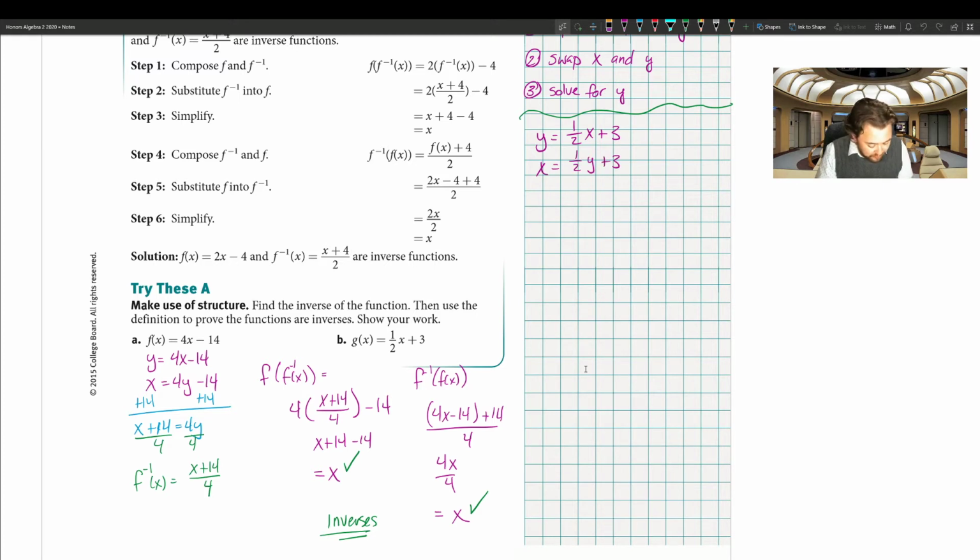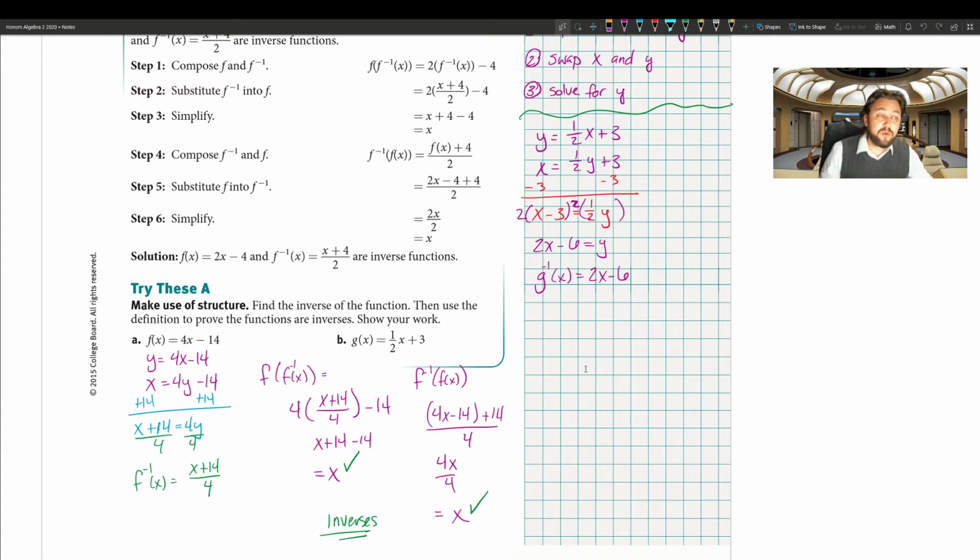I move the 3 over first, so I get x minus 3 equals 1 half y. To clear that fraction, I multiply everything by 2. This is not a squared, that's a 2, I promise, I was just jamming it in there. So we get 2x minus 6 equals y. So the inverse of g of x should be 2x minus 6.